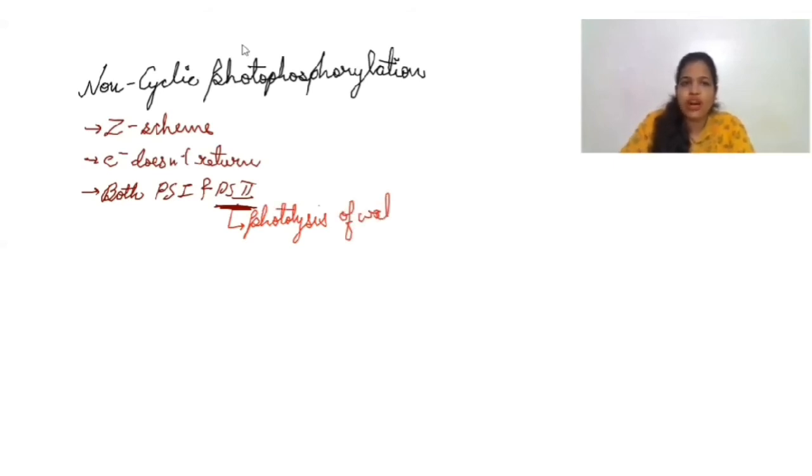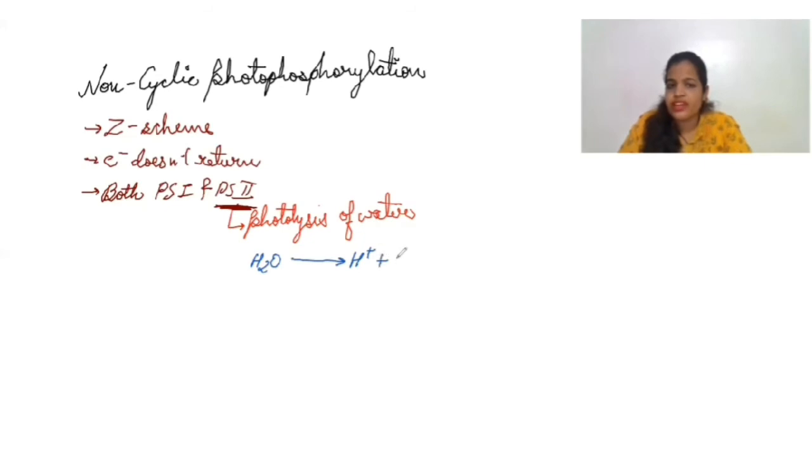Let me show you how this water breaks. Water, then we take blue color only to show the water molecule. Water is H2O. Now break this H2O. We break H2O into H+, that is protons, plus electrons, plus oxygen atoms or oxygen molecules, right?